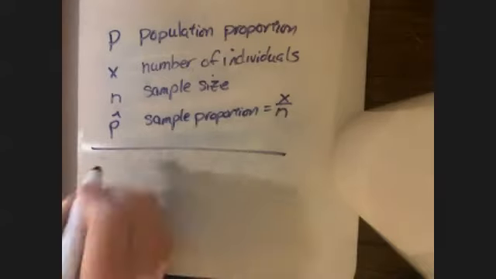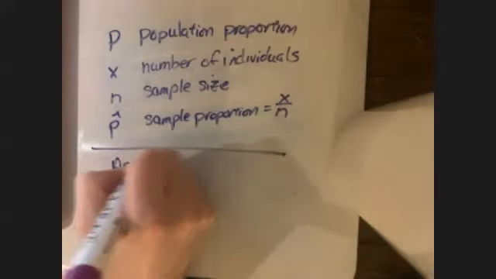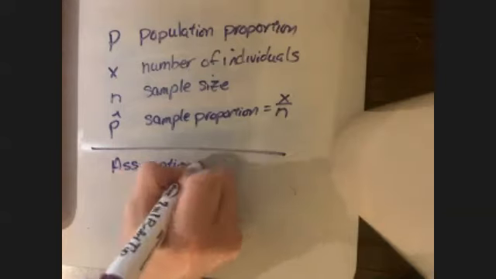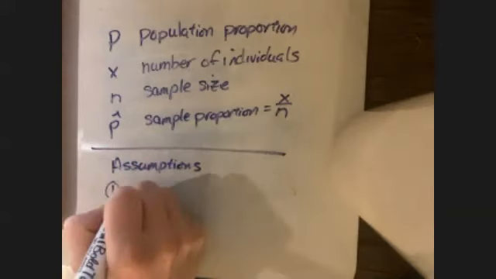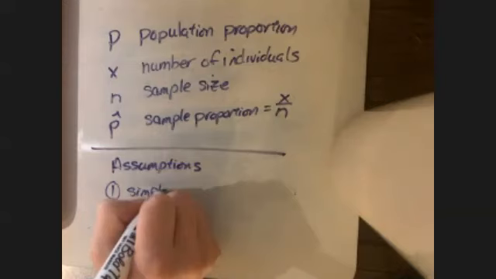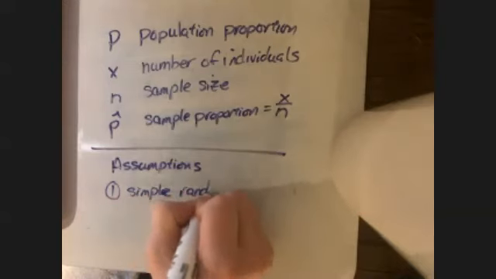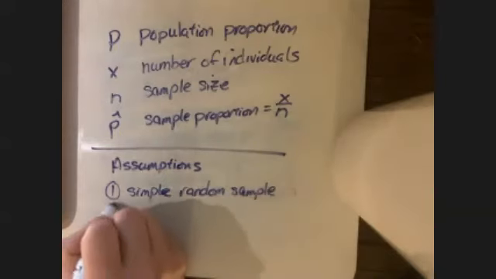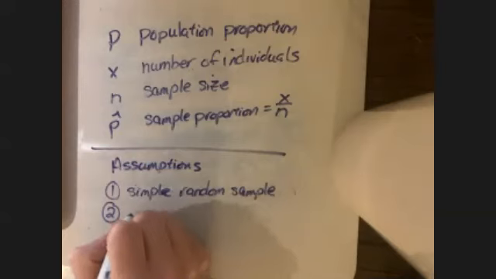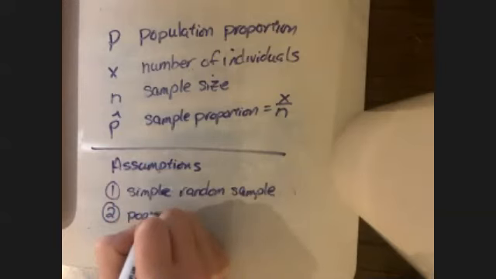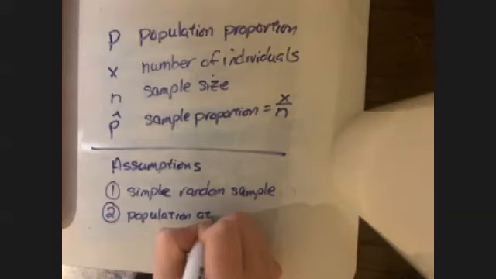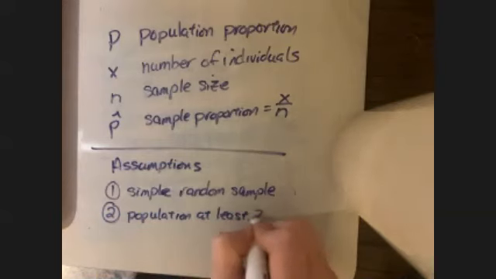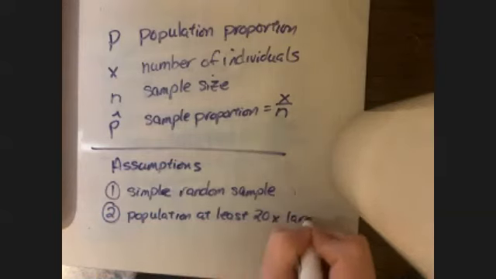Now, there are a couple of assumptions that are made that need to happen here, okay? Number one is, so these are assumptions, okay? One is we have a simple random sample. Two is population at least 20 times larger.